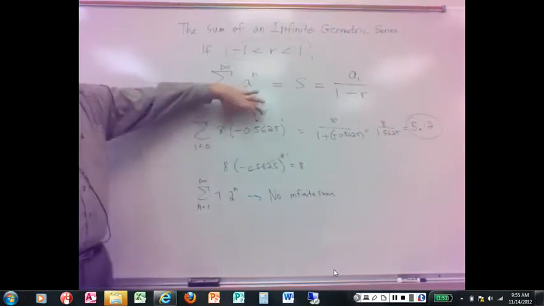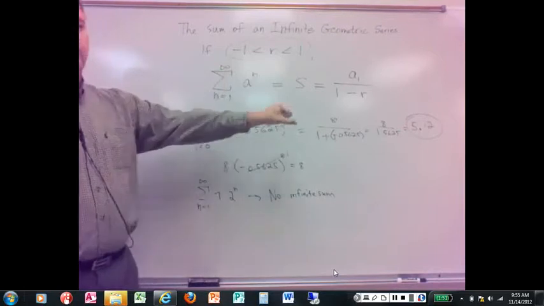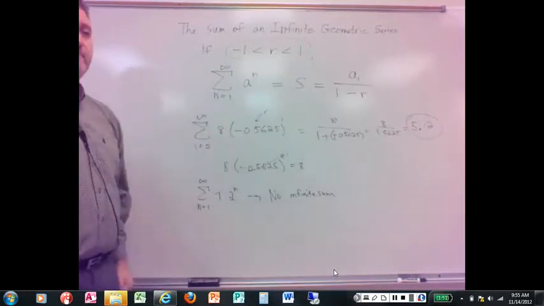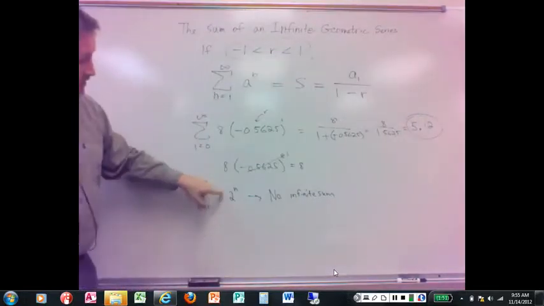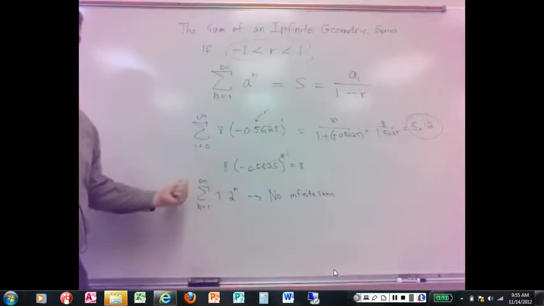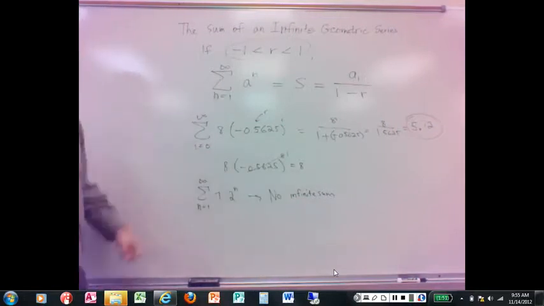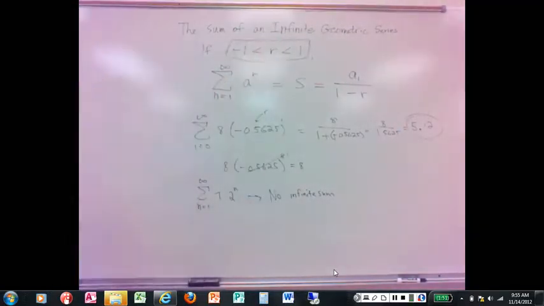The reason you can do it on the other one is the terms eventually, as you get farther and further out, are essentially 0. And so you're not really adding anything to it. But when the r is bigger than 1, or less than -1, either way, you just can't do it. There's no infinite sum on those. Okay? Yeah, for the infinite ones.